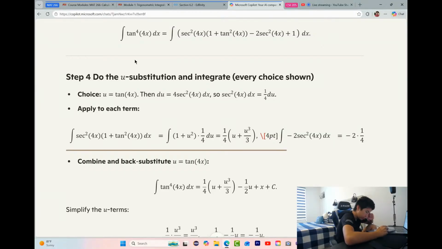That'll be, hold on, secant squared of x, I believe.